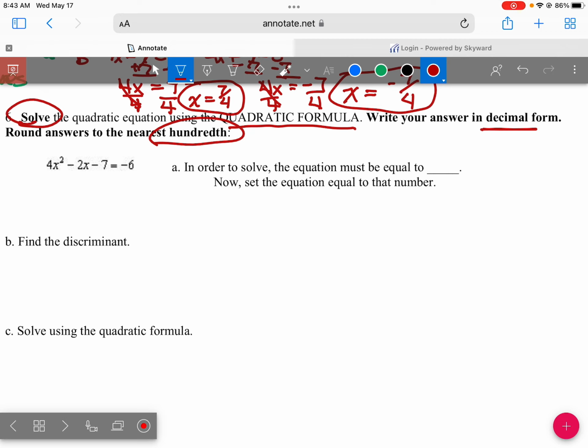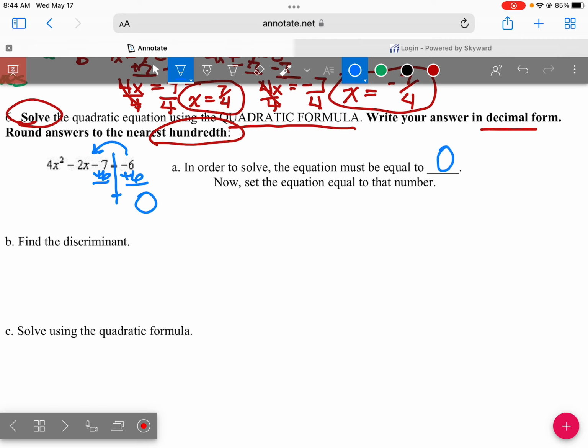All right, so looking at A, 4x squared minus 2x minus 7 equals negative 6. They give us a hint. It says in order to solve, the equation must be equal to 0. Is it equal to 0? No. So we need to move negative 6 mathematically. So I'm going to add 6 and add 6 on either side of the equation.